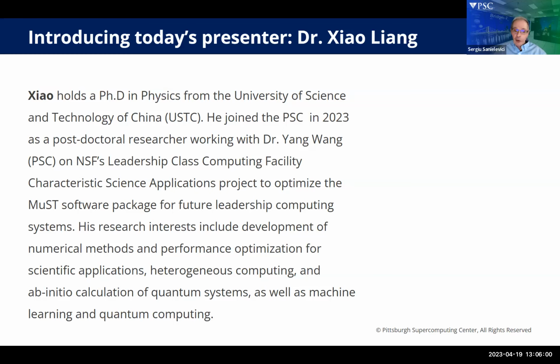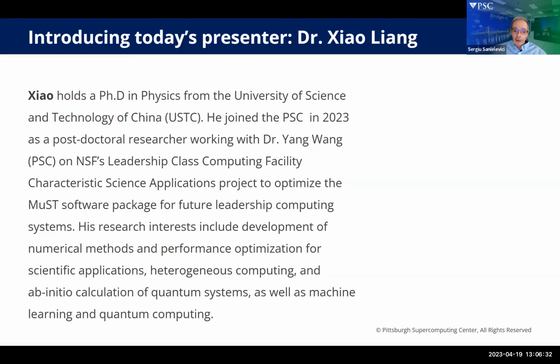And specifically, this is a code that is being prepared for the NSF leadership class computing facility that we hope will come online in maybe 2026, 2027 in Texas, which is going to be roughly 10 times the power of the current Frontier system at the Texas Advanced Computing Center.